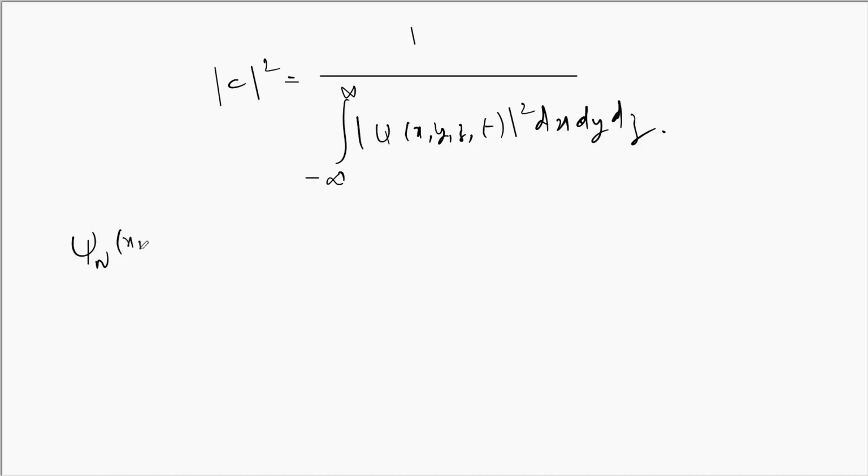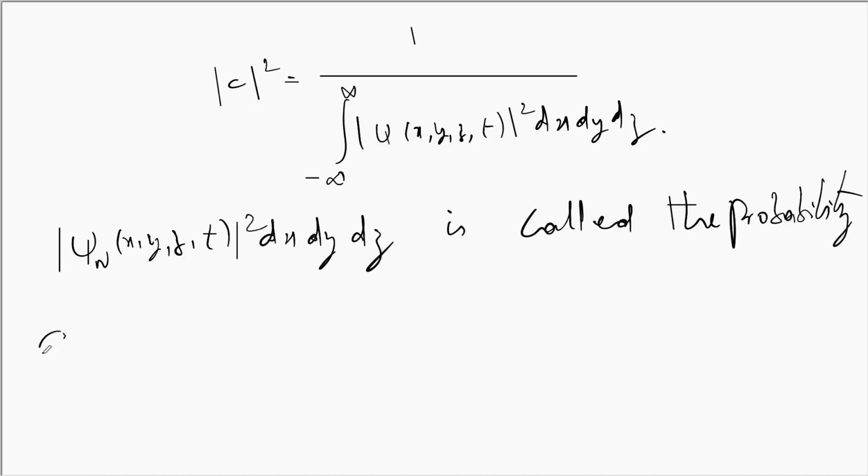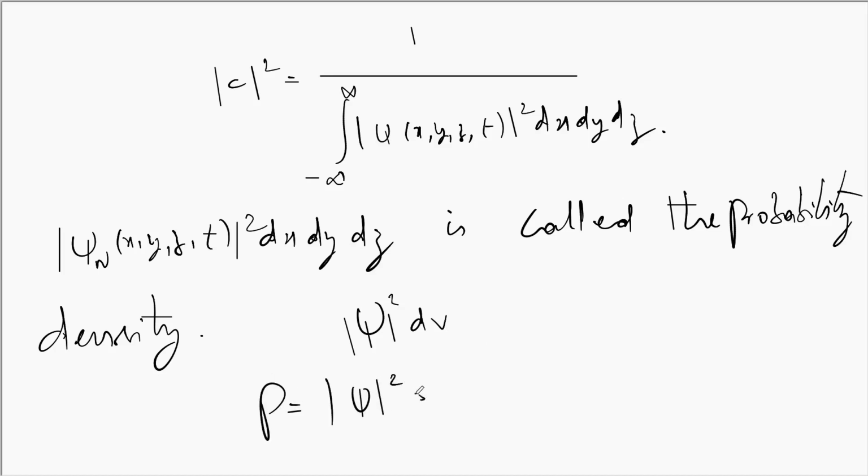Here, mod psi n(x, y, z, t) squared dx dy dz is called the probability density. So whenever the wave function is normalized, mod psi squared dV is equal to the probability of finding the particle in an element dV. So we write P is equal to mod psi squared dV.